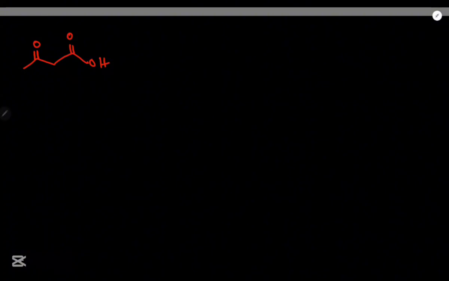All right, let's go to another one. So how can we name this one? We are going to start counting from the carboxylic acid. So we prioritize carboxylic acid over what? Over ketone. So we'll start numbering from here. Number 1, number 2, number 3, number 4. As usual, a side group is on carbon 3.